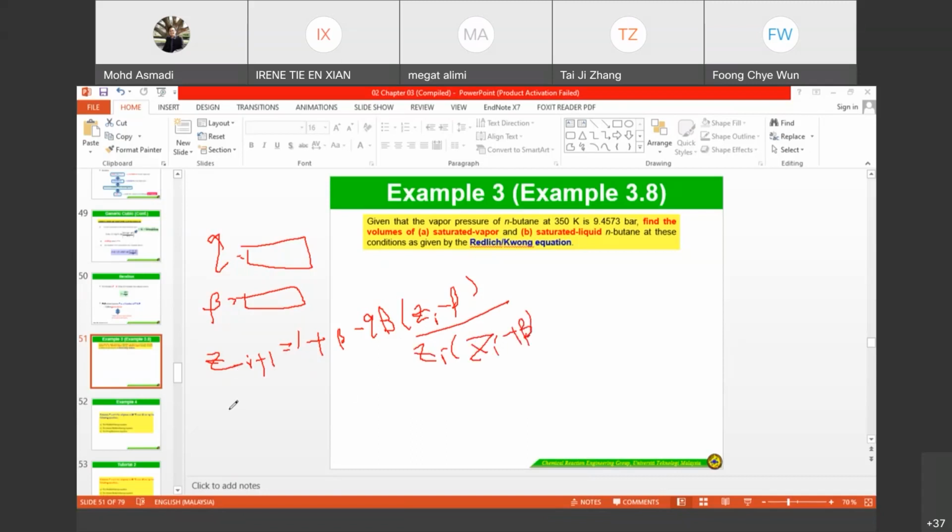Okay? You start with i equal to 0, then i equal to 1, i equal to 2 and so on. So you substitute into this equation, this value, and so on. So please find the final Z. What is the value for the final Z?